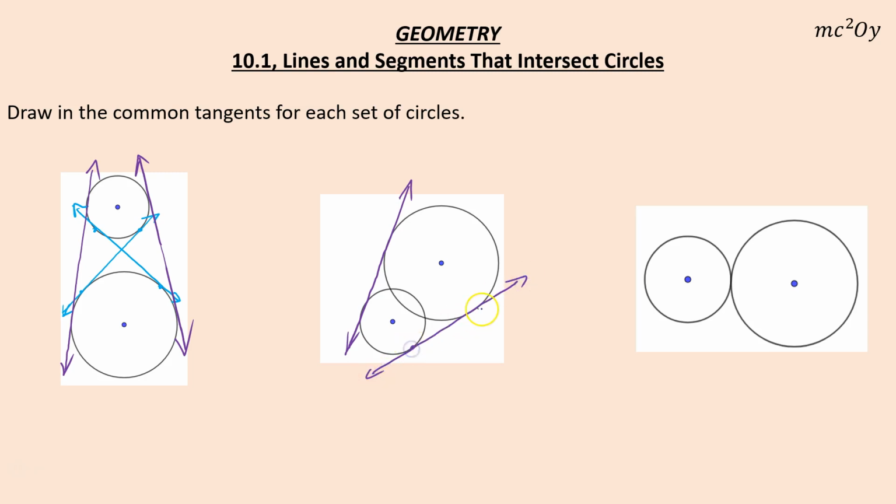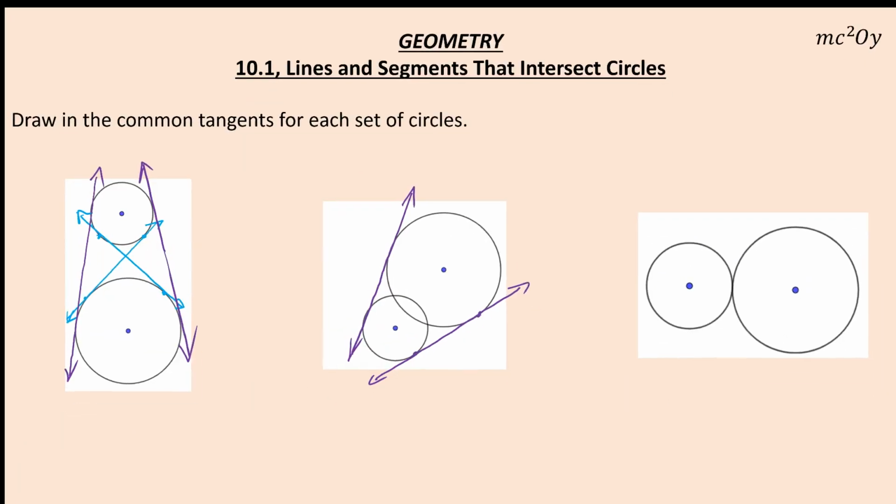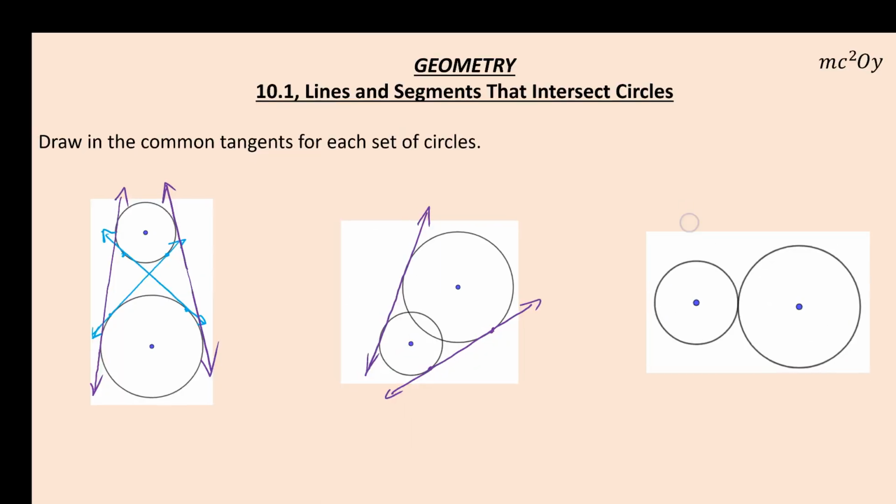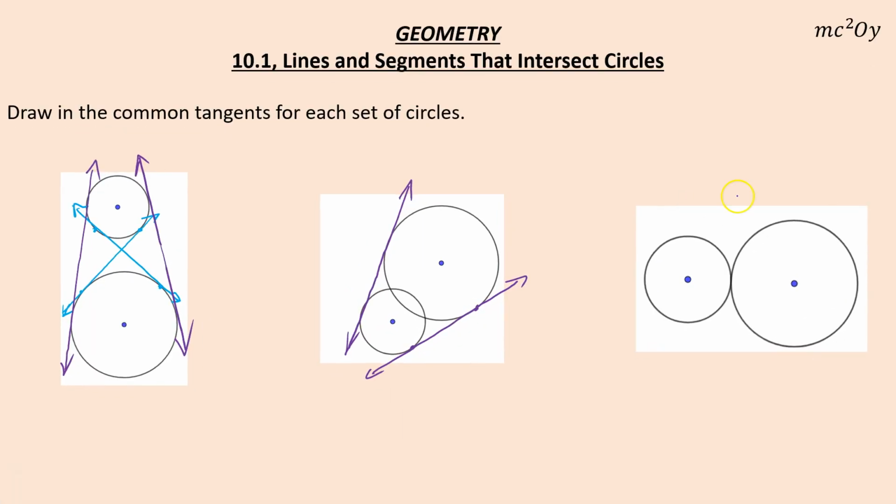All right, this one has 2 common tangents, whereas the other one had 4. This last set actually has a common tangent, and it goes right down the middle here. Okay, like so. So it intersects right there.